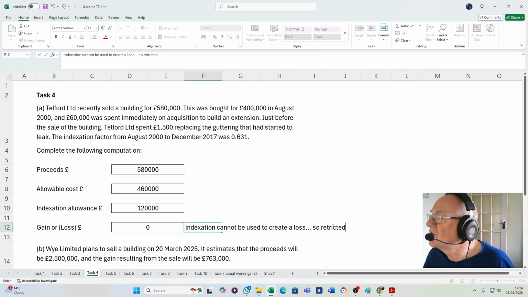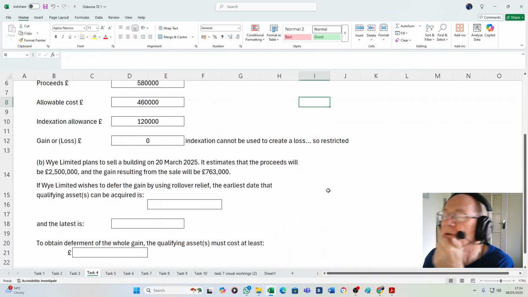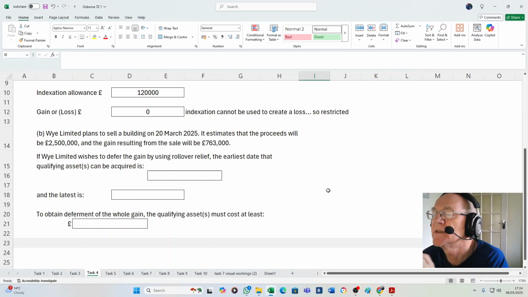So that one's restricted. Why? Last bit for now. Sell a building 31st of March, proceeds 2.5 million. The gain is going to be 763,500. So rollover relief is where the proceeds from a property, or partial proceeds from a sale, are reinvested in something similar.